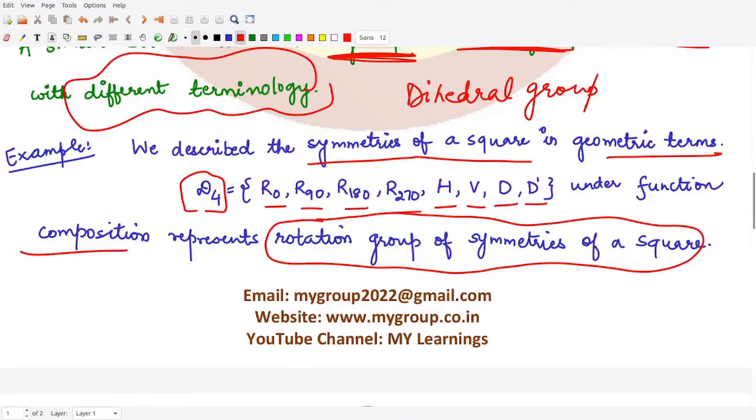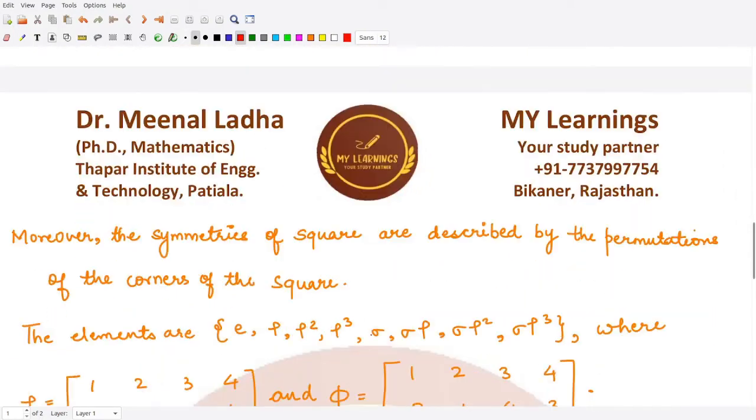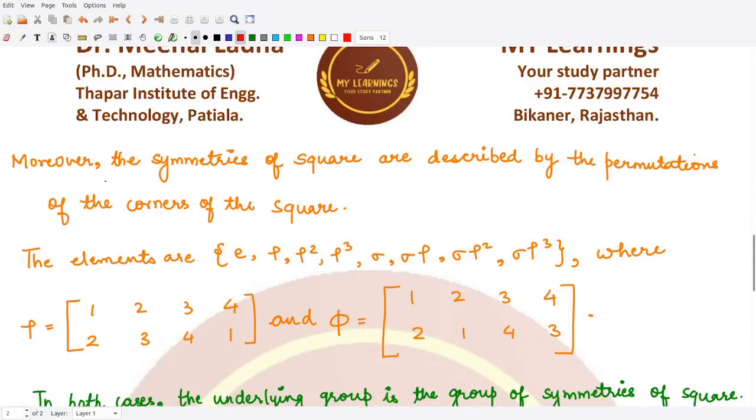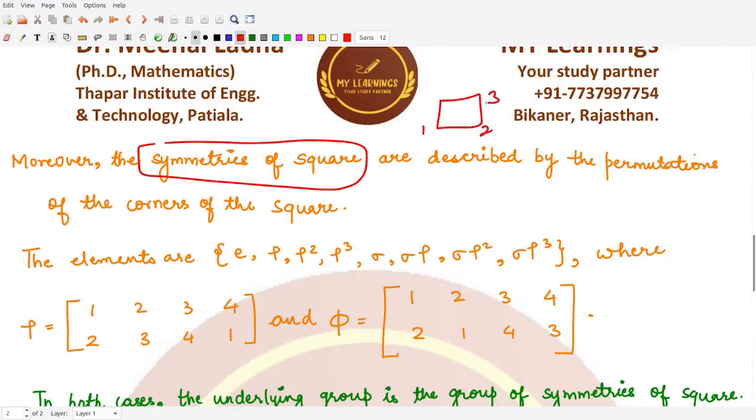We also saw we can define this dihedral group by way of permutations. If you remember, we described the symmetry of a square by marking its 4 corners by 1 2 3 4.